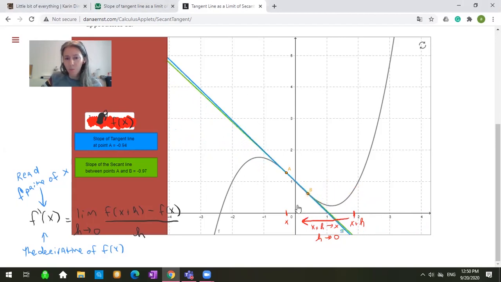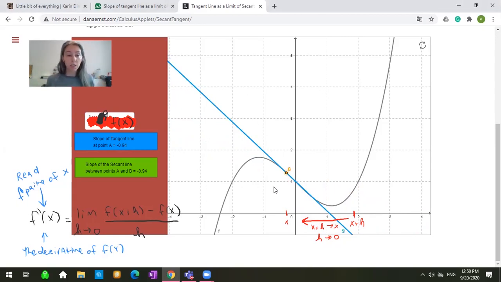Look, those secant lines get really close really fast. By the time I get up to a, those lines are the same thing. So when b gets to a, when x plus h becomes x, we expect the slope of the tangent line, and thus the slope of the curve, to be the same as the slope of the secant line. So those secant lines are approaching the slope of the tangent line. They're getting closer and closer to it.